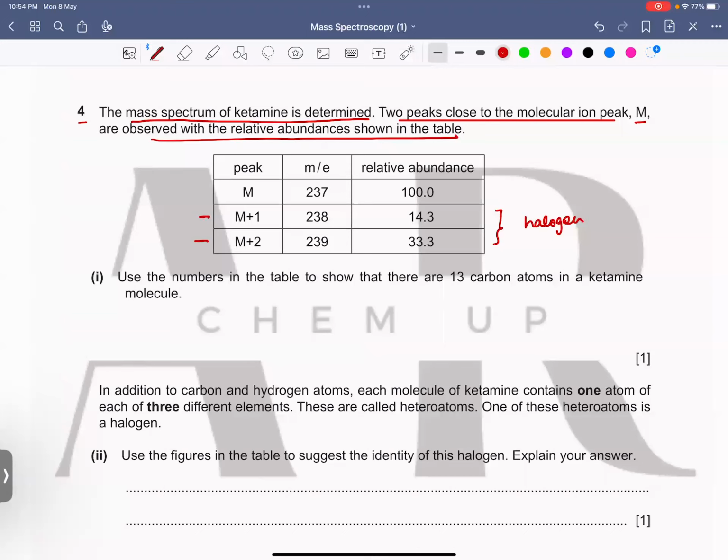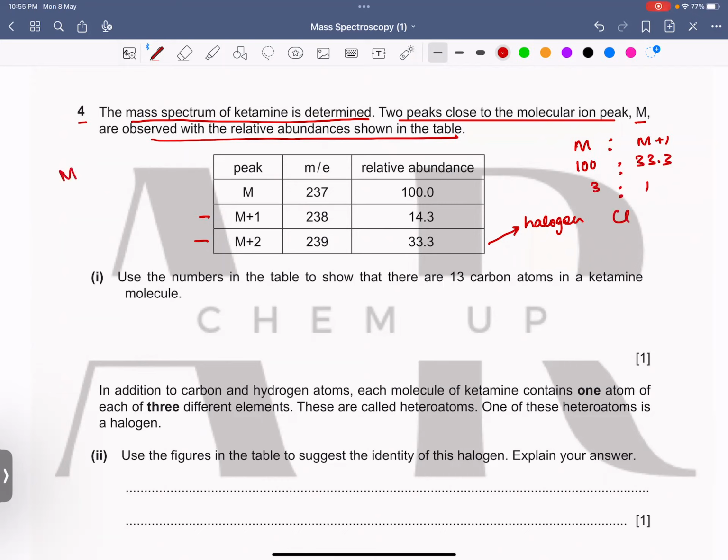No, plus 1 is due to carbon-13, but plus 2 is actually due to the halogen. Basically, plus 2 helps us identify that there is a halogen. Now, if you look at the ratio of M and M plus 2, which is actually 100 to 33.3, if I simplify it, I get 3 to 1, which indicates that it's chlorine.